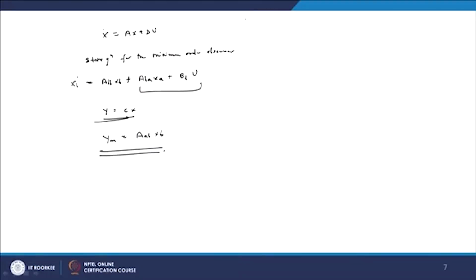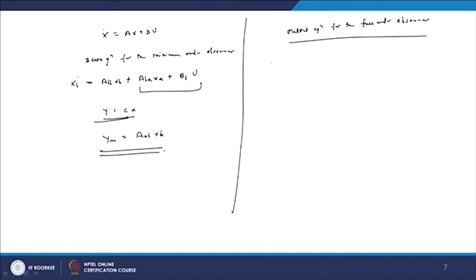It can be written as Xc dot equal to A minus Ke into C into Xc plus Bu plus Ke into Y. So, similarly here also we have to write the equation for the reduced order observer, or we can say the minimum order observer.